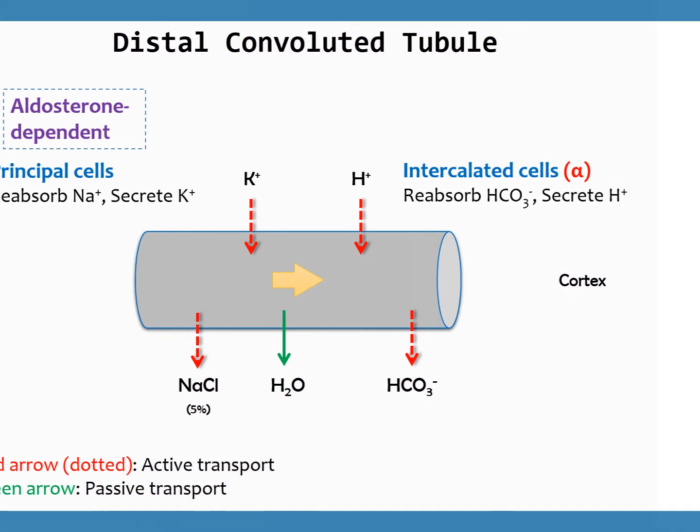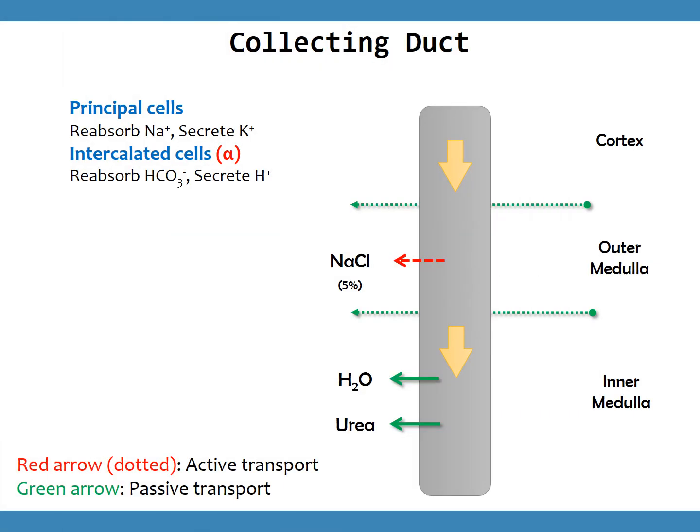Now moving on to the collecting duct. It also has the principal cells and intercalated cells, as I described for the distal tubule in the previous slide. So what happens basically here is that 5% of sodium chloride will be reabsorbed, and a small amount of water is also reabsorbed, and this is under the action of a hormone known as ADH, which we will study later.